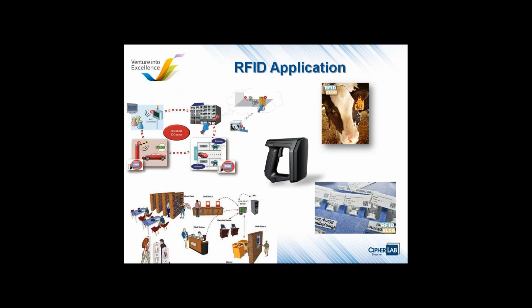So here are RFID applications. The RFID application can be used on door security and entry security systems and parking access controls. It also can be used on recycled assets.